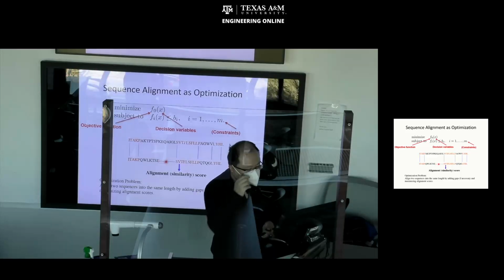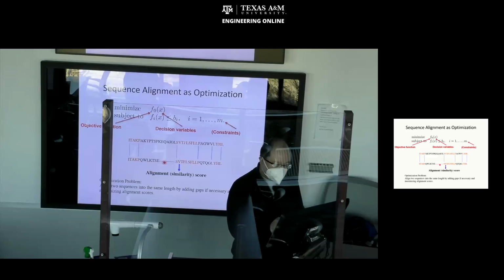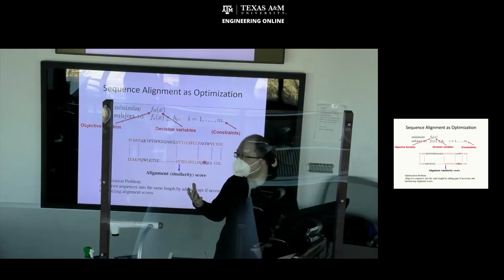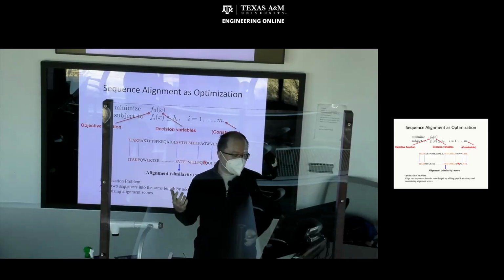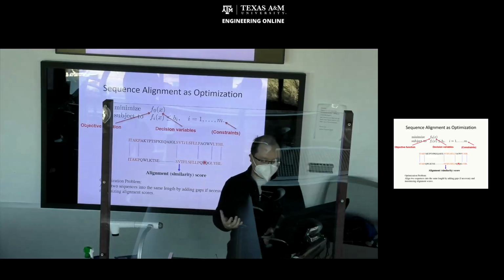You could insert the gap in either of the sequences, so that at the end the two sequences are of the same length, including the gap. But among all the possibilities, which I call alignments, which ones are the optimum?